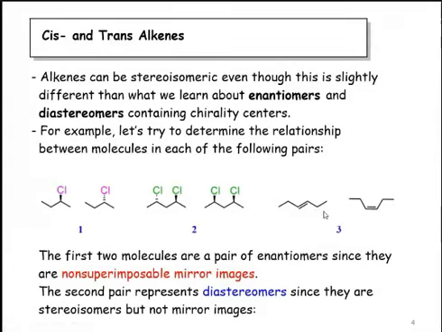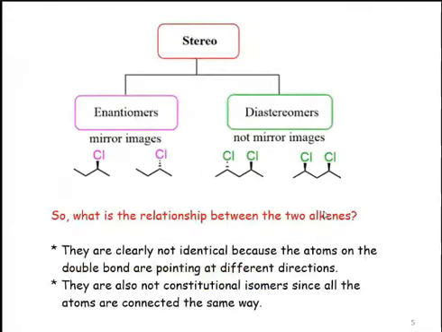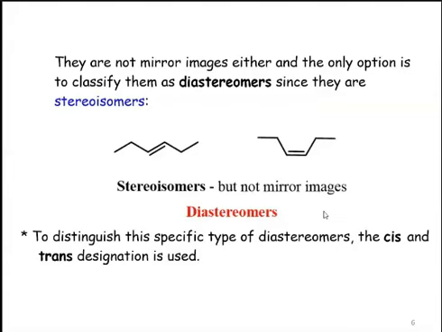That is the only difference. So they cannot be called constitutional isomers. They are not mirror images also. Hence, they are classified as diastereomers since they are stereoisomers.